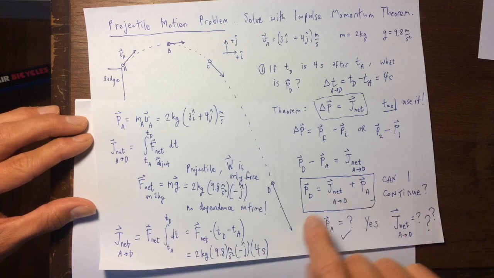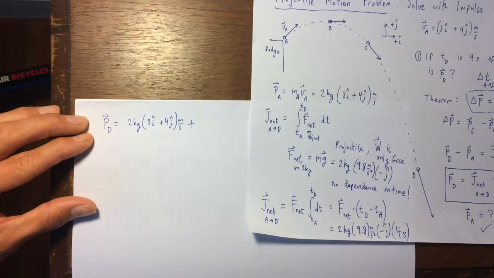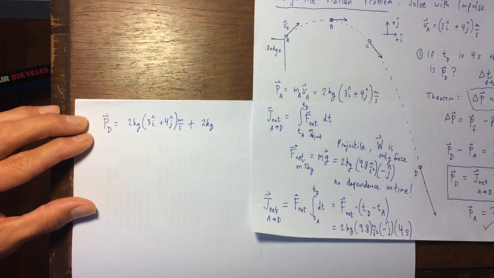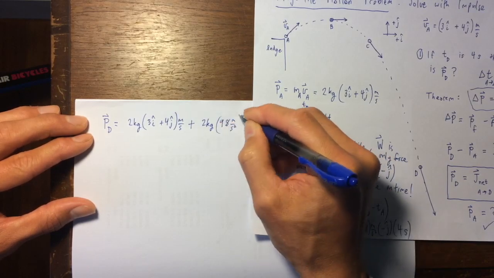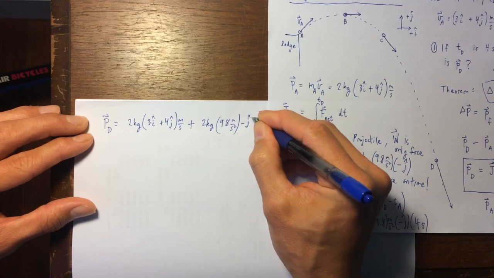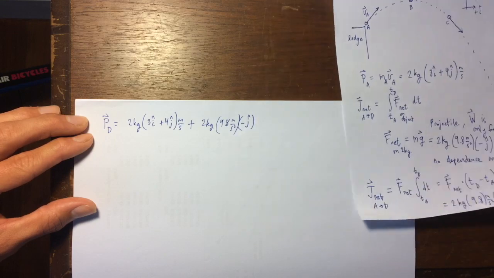These are added together. It just happens that J is negative. So 2 kilograms and then 9.8 meters per second squared. There is a minus J hat, and there is this 4 seconds.